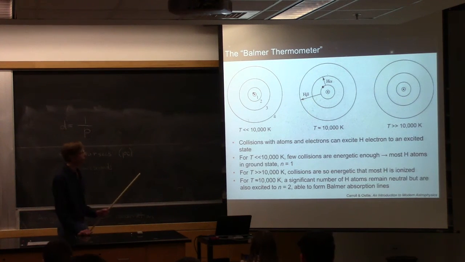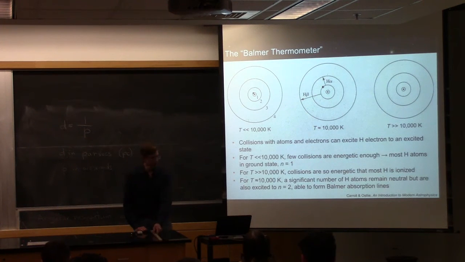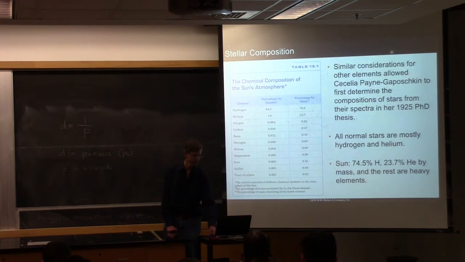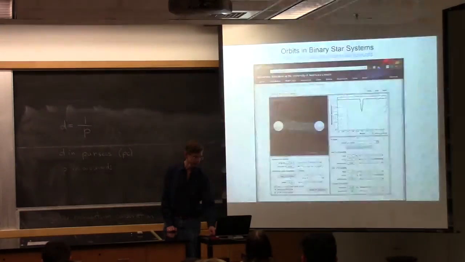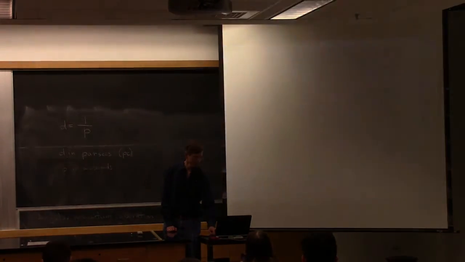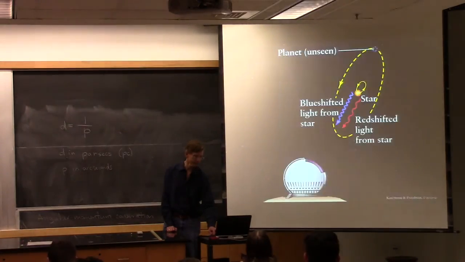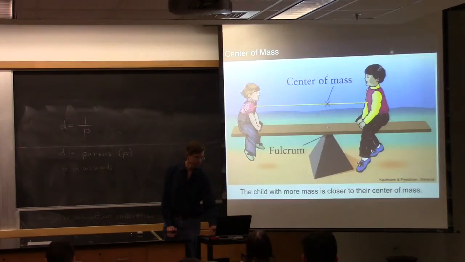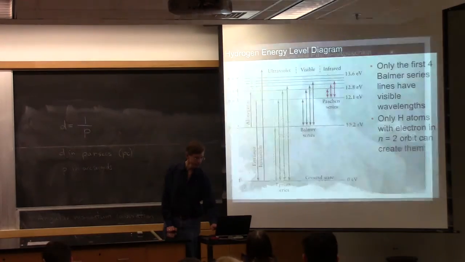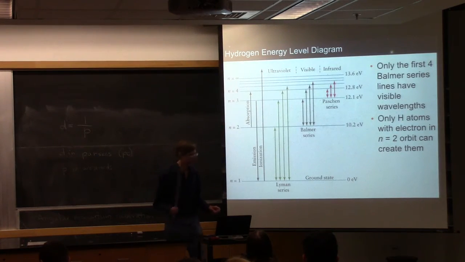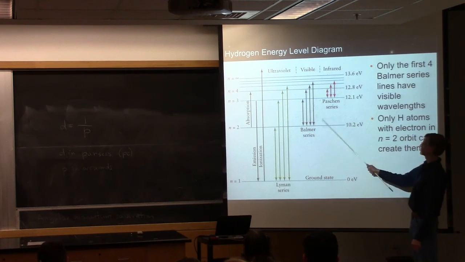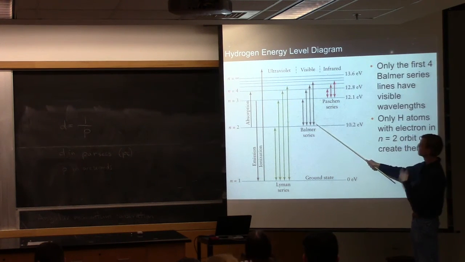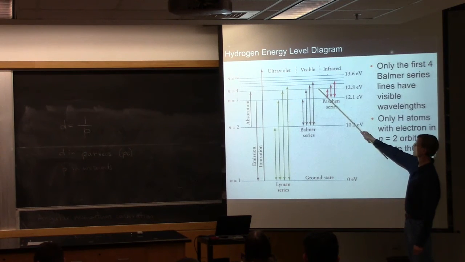Why is that star too cool? Because the Balmer lines of hydrogen are formed when, if we're looking for absorption lines, the electron is already in the n=2 level and jumps up to a higher energy level.